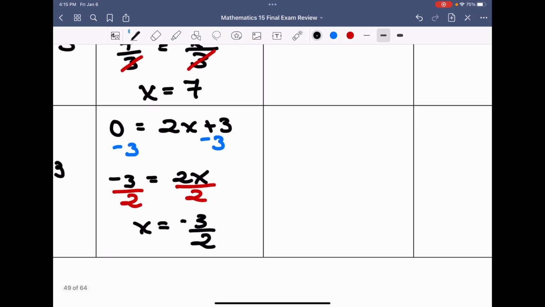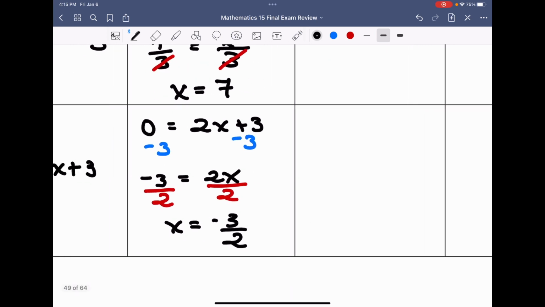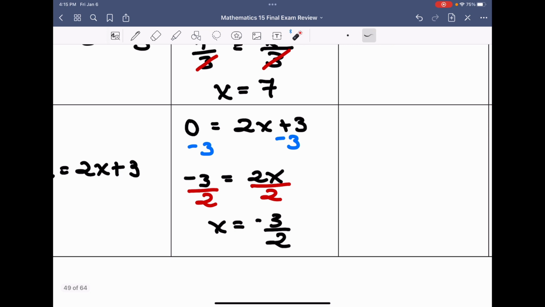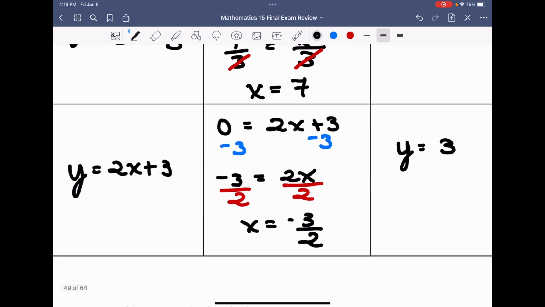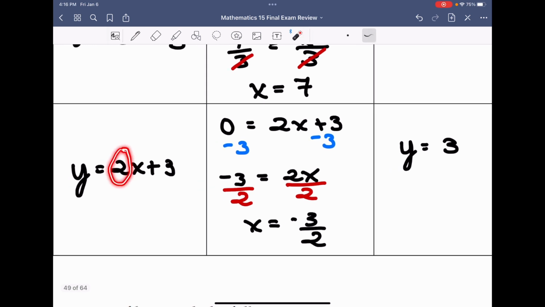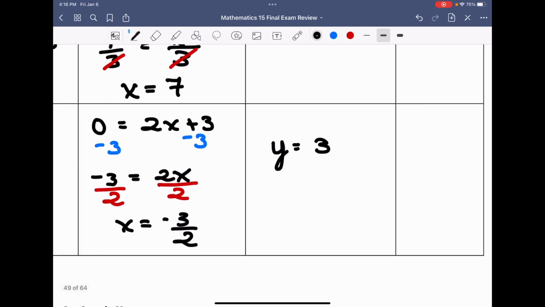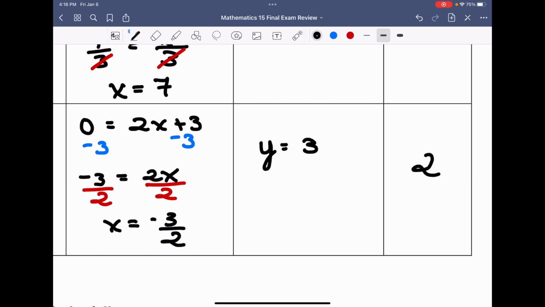Now, I go to my last part, and this was the y-intercept. The y-intercept was actually just our b value. Remember, it's always just the b or the constant in our equation. As long as it's y equals mx plus b, we say that our y-intercept is the b value, which is 3. And our slope is always the coefficient m, or the coefficient of x. So our slope is 2.